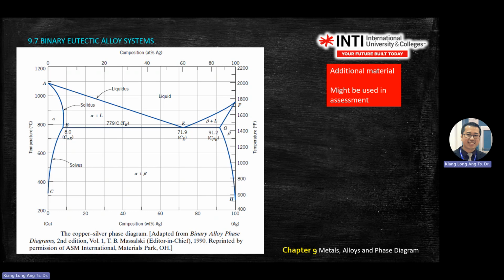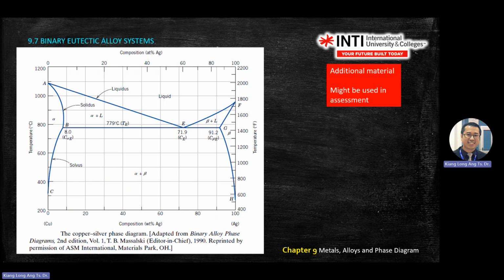On this graph, are you able to identify the eutectic line? Where is the eutectic line? A straight line, here to here, BG. Where is the eutectic point? E. Where does the eutectic temperature happen?